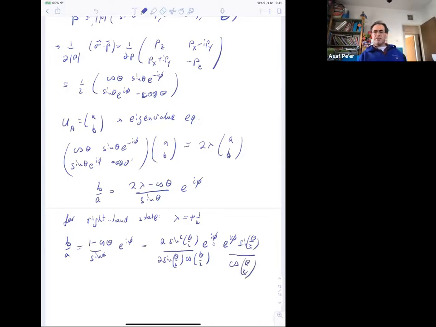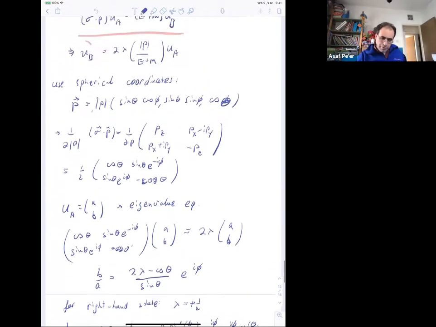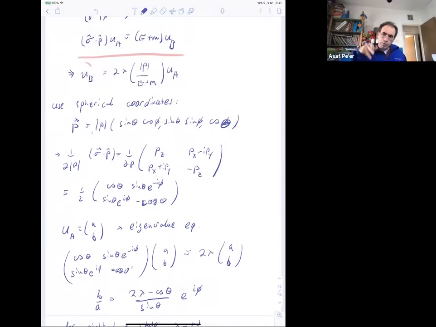To save time, I'm going to write capital S for sine theta over 2, and capital C for cosine theta over 2. That tells me everything I need, because I know the ratio of B over A, and the ratio of u_b over u_a, the lower two versus the upper two.